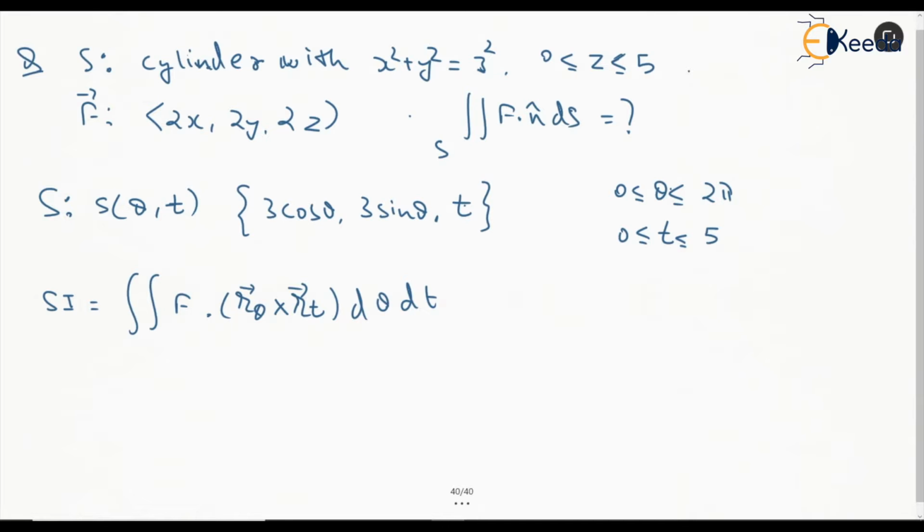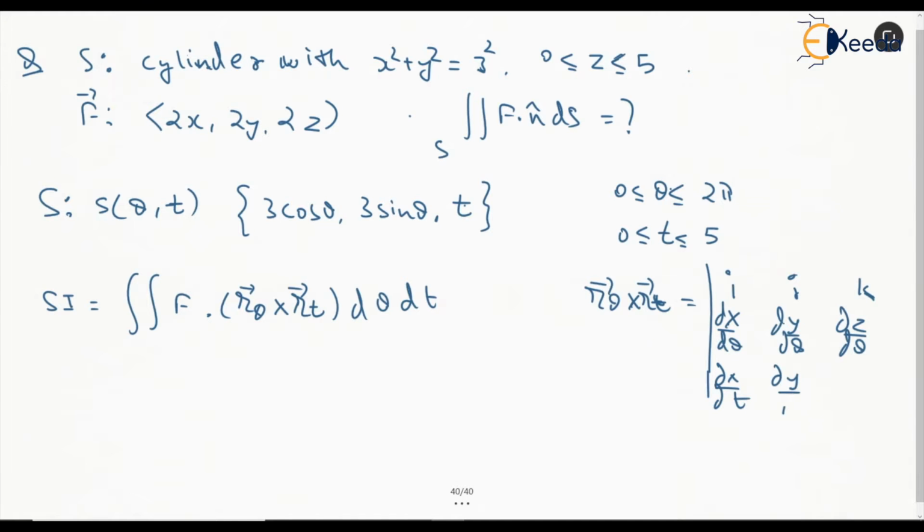So let's calculate what is this r theta cross r t. This will be given as i j k, and the first derivative of the xyz component: dx by d theta, dy by d theta, dz by d theta, and next is dx by dt, dy by dt, and dz by dt.